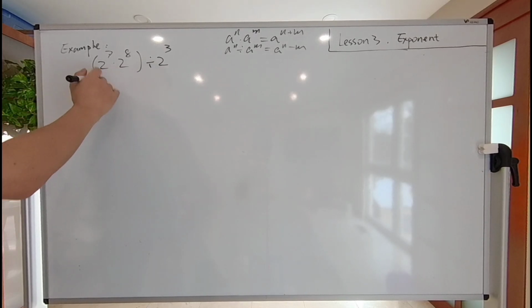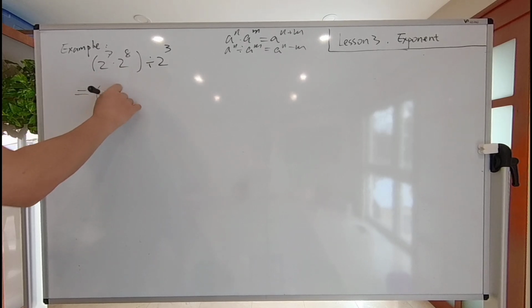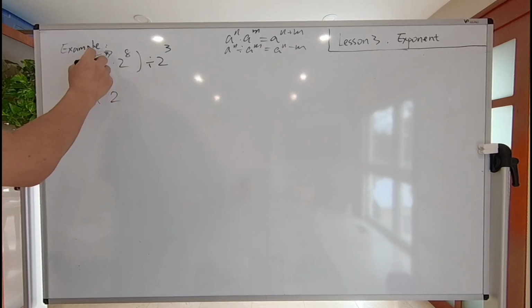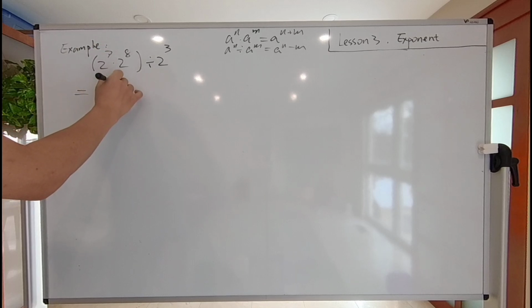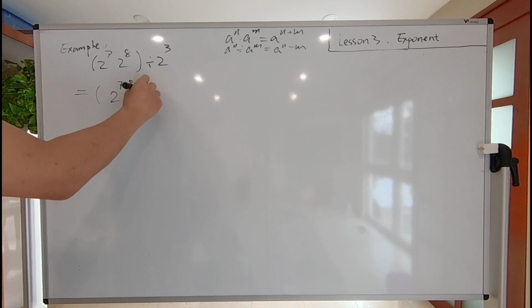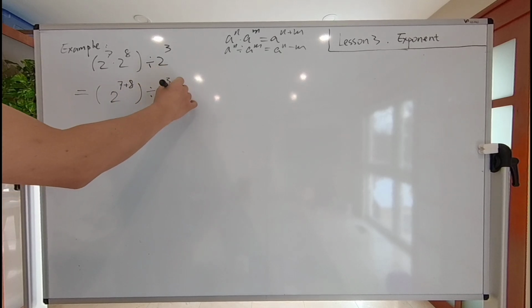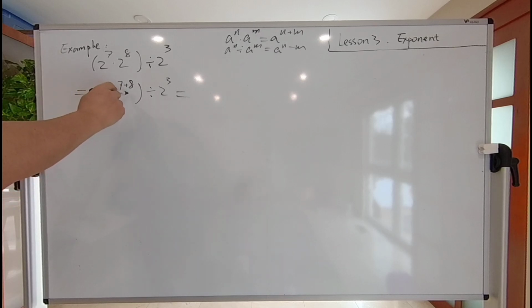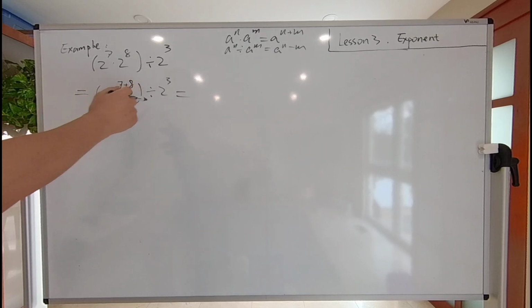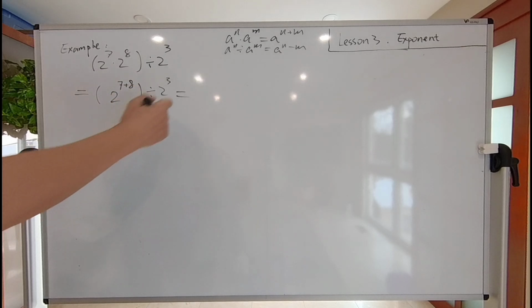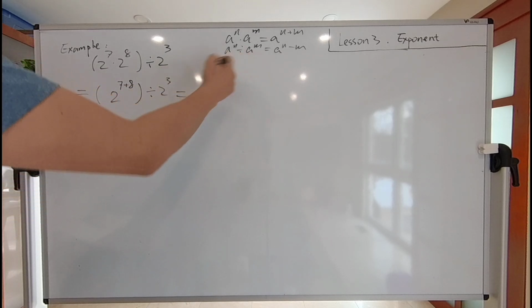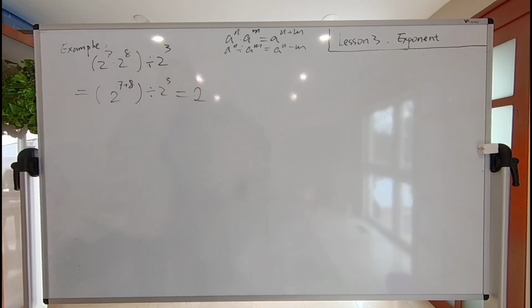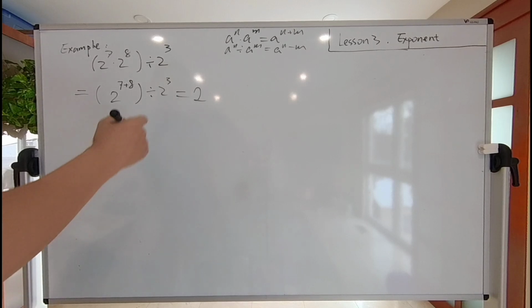First of all, we examine that we have the same base, and the base is 2. So the first two terms are equivalent to 2 to the power of 7 plus 8. And then I can either do the addition first and then consider the division, or I can just keep going and use the conclusion for the quotient of powers.